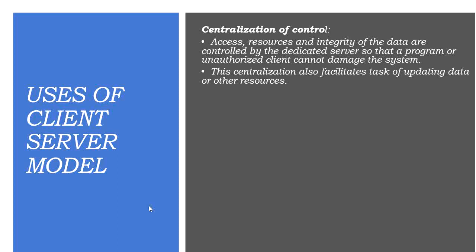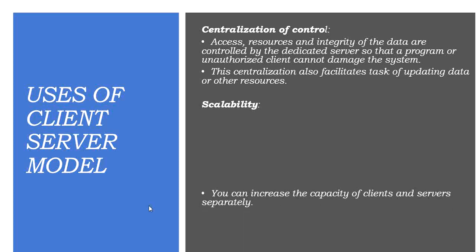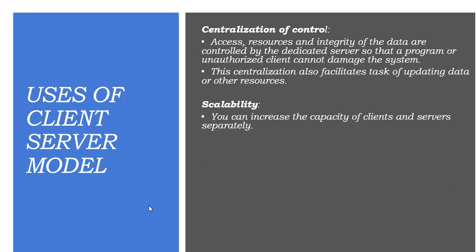The centralization also facilitates the task of updating data or other resources. So this is one advantage of having the client server architecture. Everything will be in the same place, at one single place, and you can access it from anywhere worldwide.